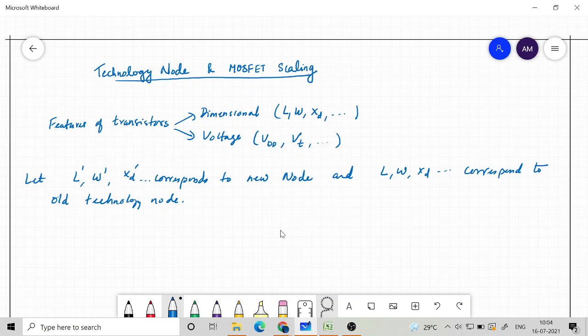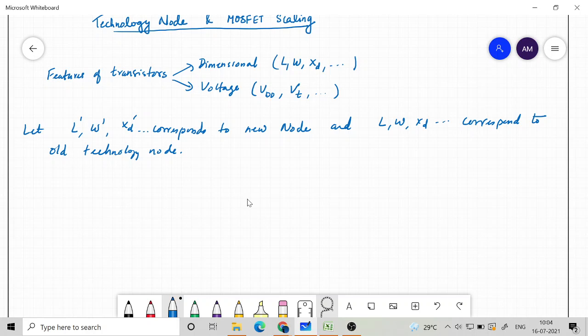When you go from one node to the next, L dash is scaled: L dash is equal to L divided by S, and W dash is equal to W divided by S. XD is the depletion width. Whenever we have a PN junction, there is a depletion region width, and we have earlier looked at what that width is. So that will be XD dash equal to XD divided by S.